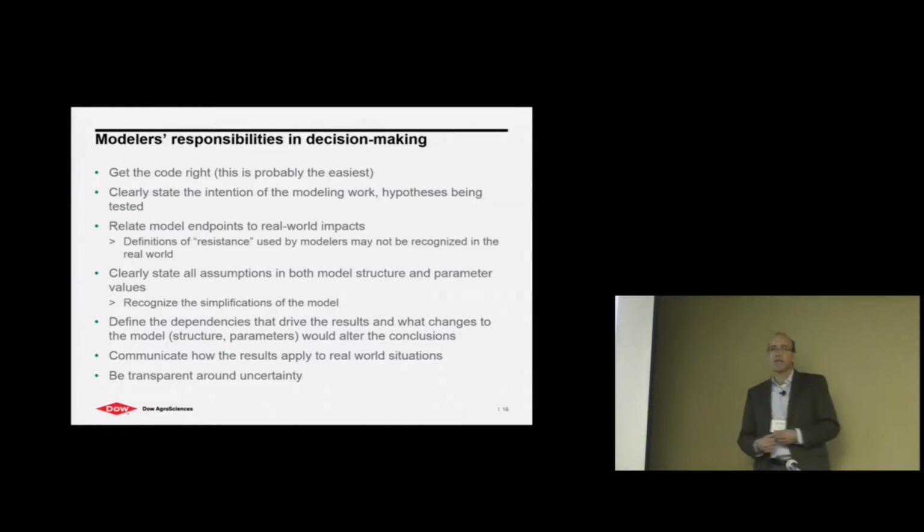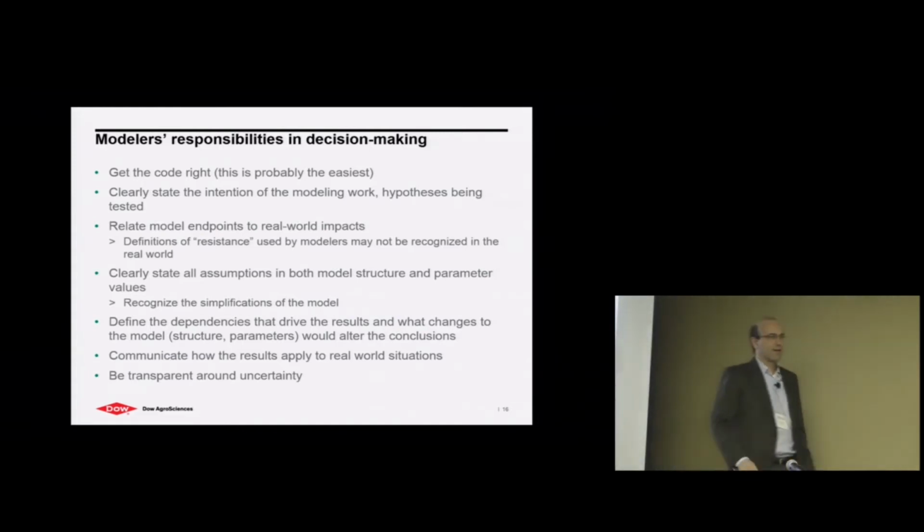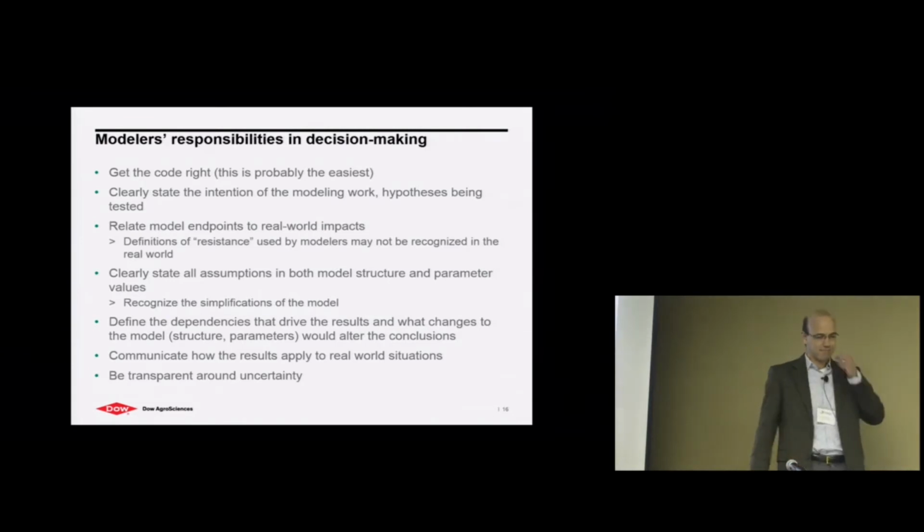So we as modelers all have a responsibility to do this in a transparent way, and to be honest about what our models can and cannot do in the decision-making process. So we have some responsibilities. First, obviously, get the math right, and get the code right. Hopefully, that's the easy bit.